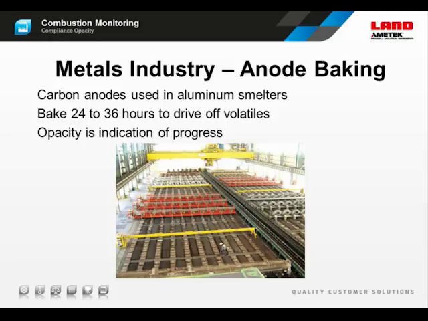And opacity is used as a measure of the progress of that baking cycle. So by measuring the opacity of the emissions given off during the anode baking, the process operator has an indication of how well that's going. So we sold quite a few for that application. And so if you come across opportunities there, then by all means, 4200 Plus is ideal.